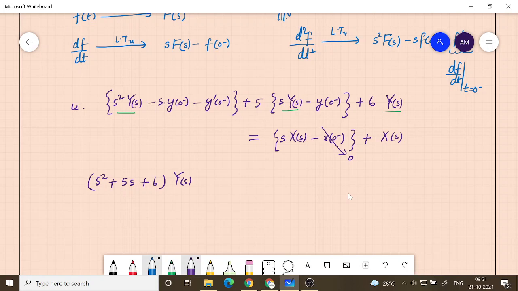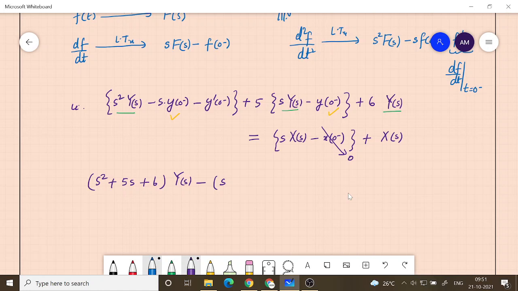And then what else? Now let's combine all the y of 0 minus terms. There are two terms here, so we can write it as plus. Let me show it with a different color. This is one y of 0 minus, and here is another y of 0 minus. Here it is minus s, so let me take the minus sign outside, minus, then this is s, and here I have minus 5.